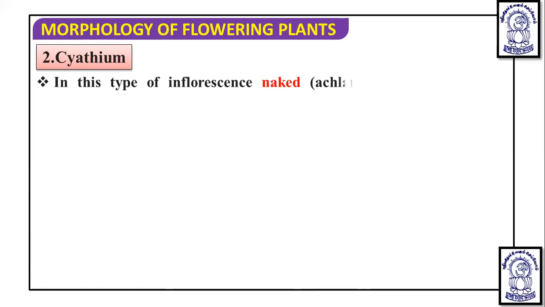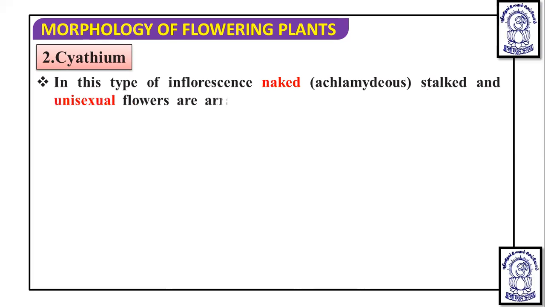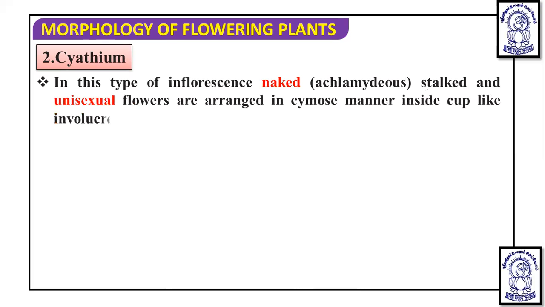When we talk about Cyathium, in this type of inflorescence, naked or achlamydeous stalked unisexual flowers are arranged in cymose manner inside the cup-like involucre.